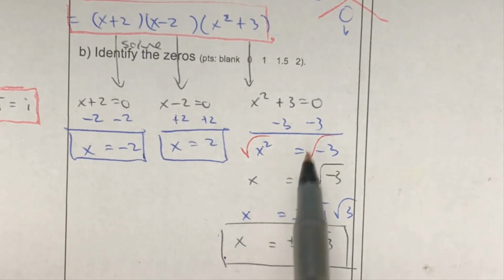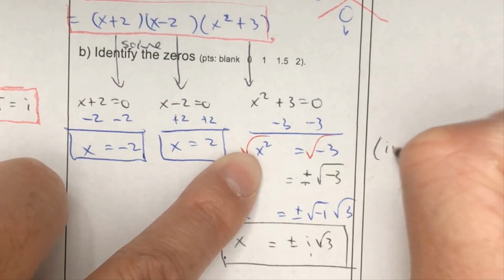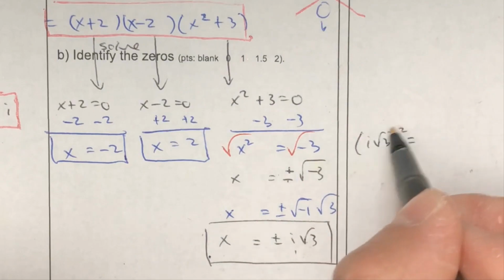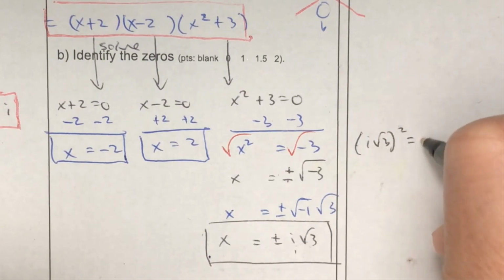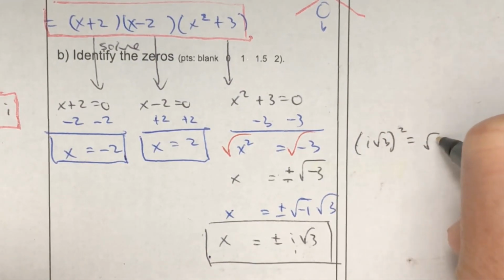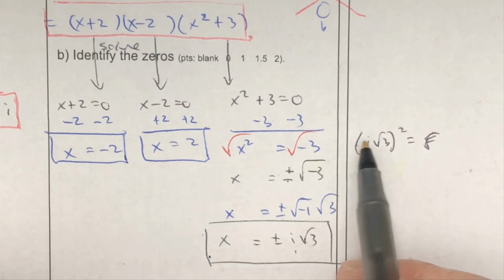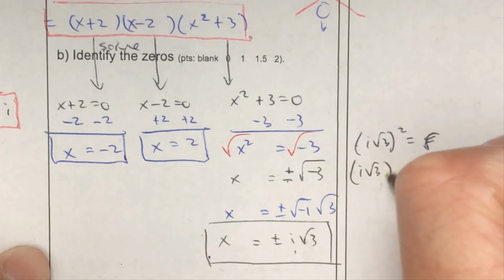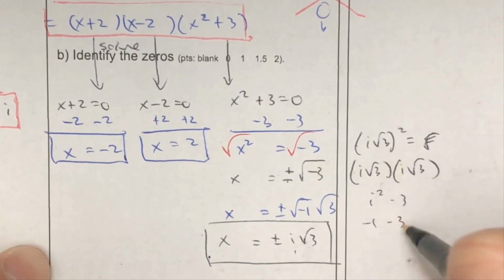Again, the reason why you have to write that plus or minus is because if you take one of these, something like i radical 3 squared, i radical 3 squared would just be i radical 3 times i radical 3, which is i squared times 3, which is negative 1 times 3, which is negative 3.